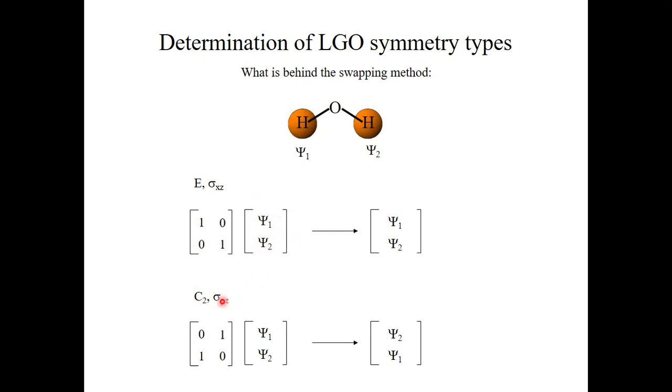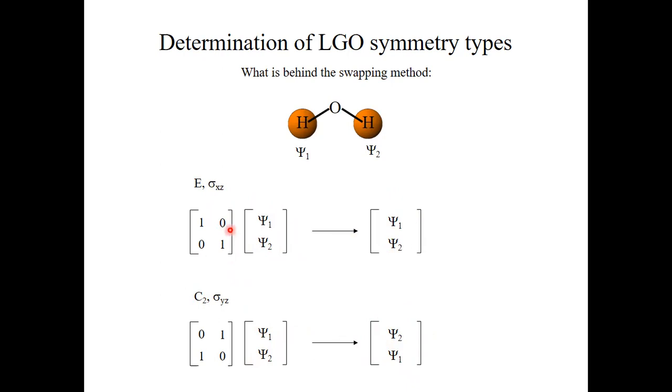If they change, if they're getting swapped over, then psi1 will be in the position of psi2, and psi2 is in the position of psi1. Therefore our final matrix is this form here. So again, we need to find a matrix that, when multiplied with the original matrix, gives the final matrix.